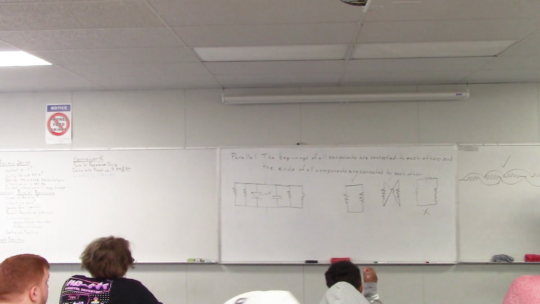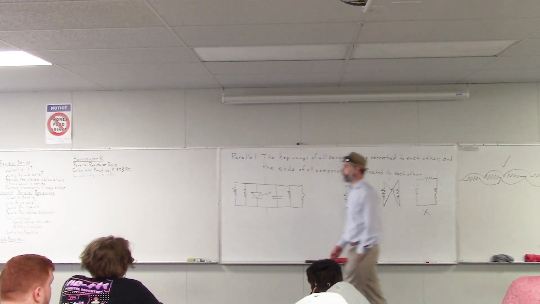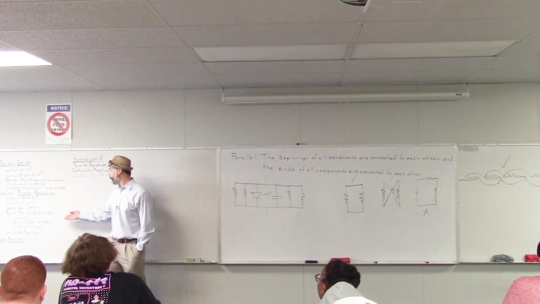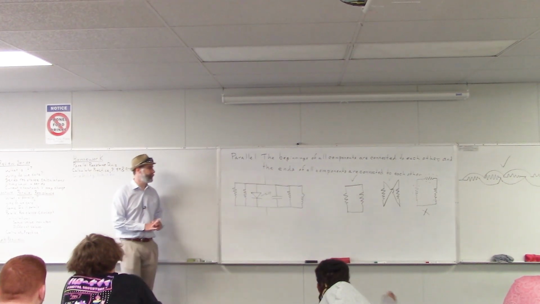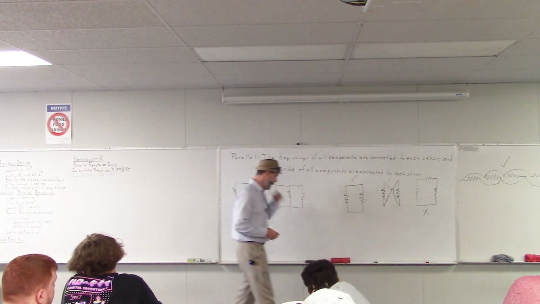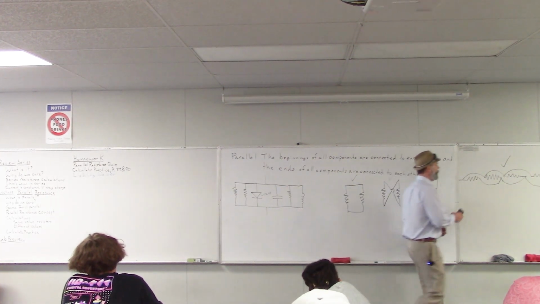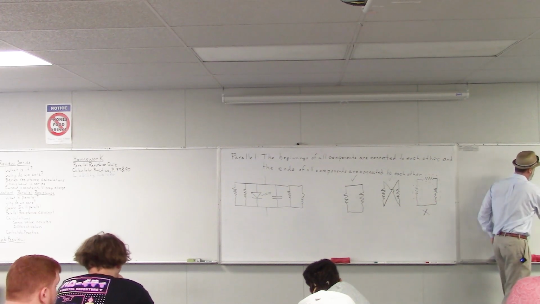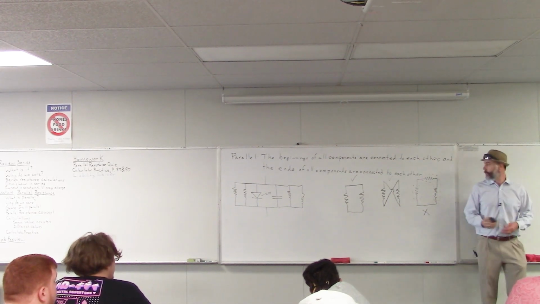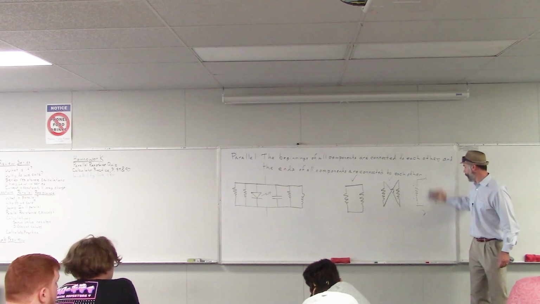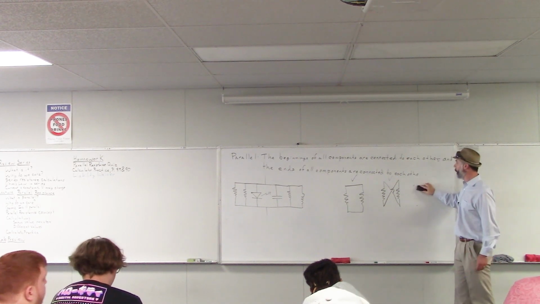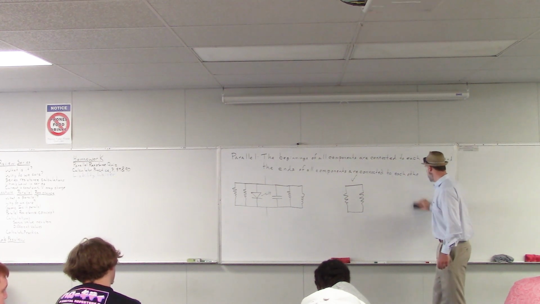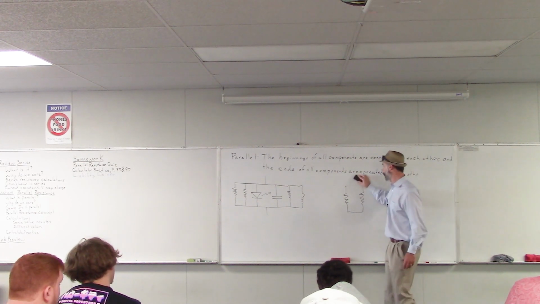Okay. All right. So that brings us to the end of our parallel game. So let's talk a little bit about resistance in parallel. So we said that when we have resistors in series, the more resistors you have, the more resistance you end up with.